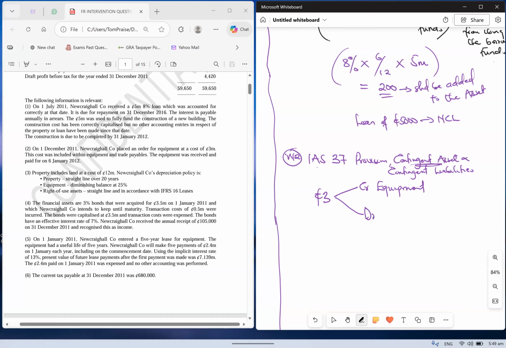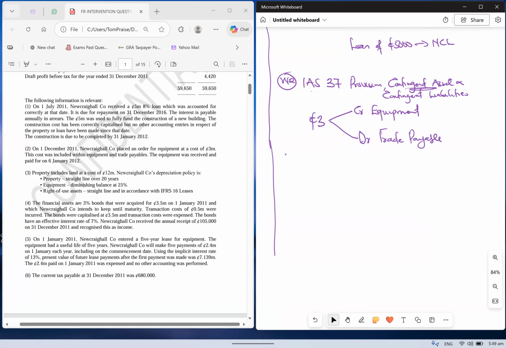Then you debit your trade payables. This thing too has nothing to do with the P&L, so nothing goes there. You are doing this so that when you start doing the balance sheet, you know the things that you are supposed to be doing.